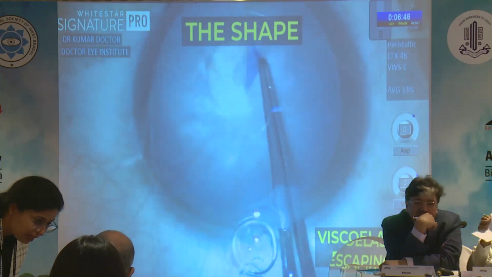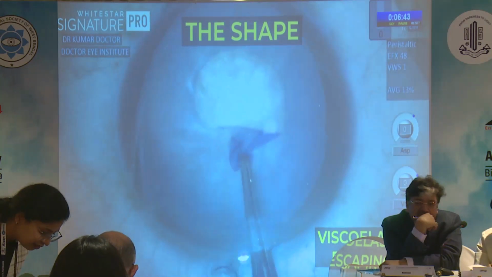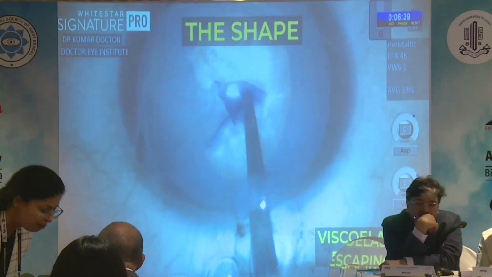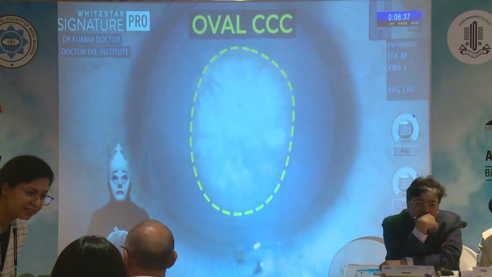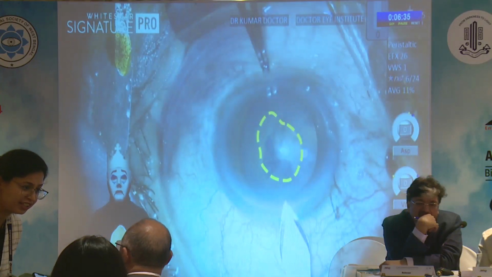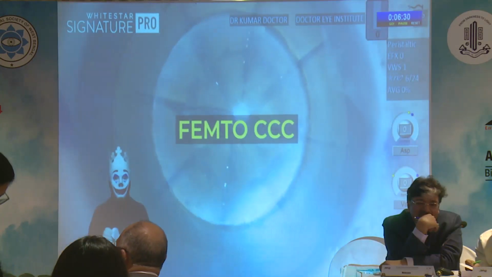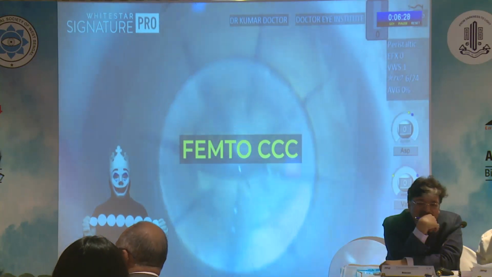Shape of the manual CCC is guided by chamber dynamics and shearing forces, and therefore consistent shape is always a challenge. It can be oval, pear-shaped, orange-shaped, or even heart-shaped. The femto CCC is always perfectly circular.